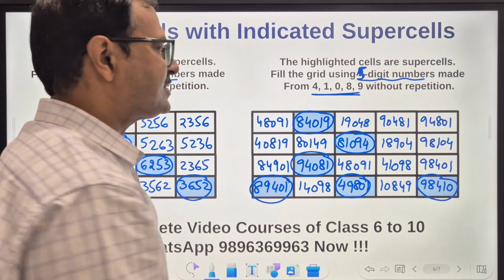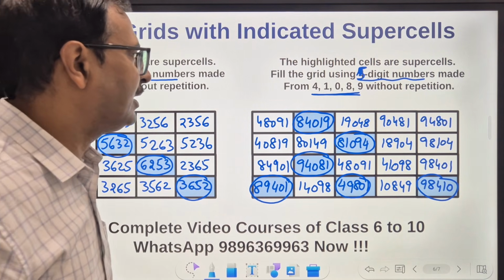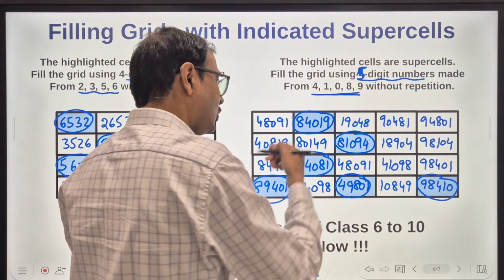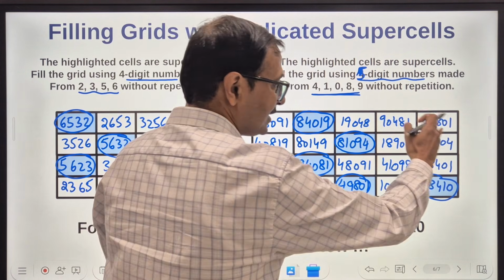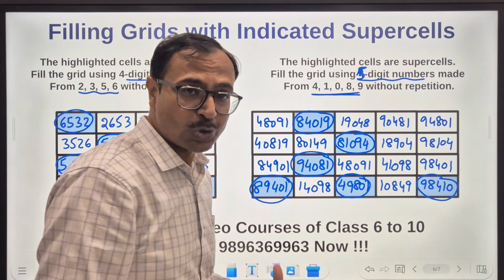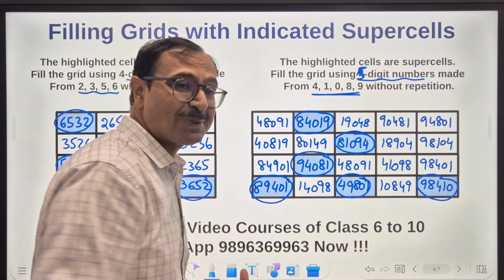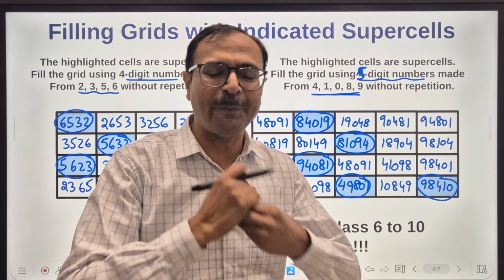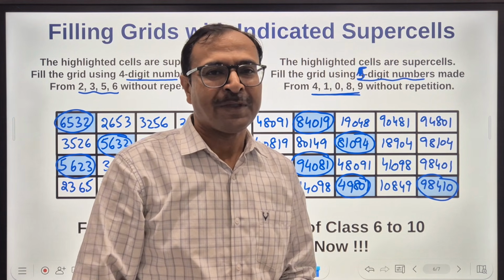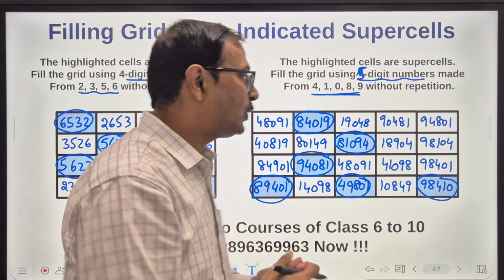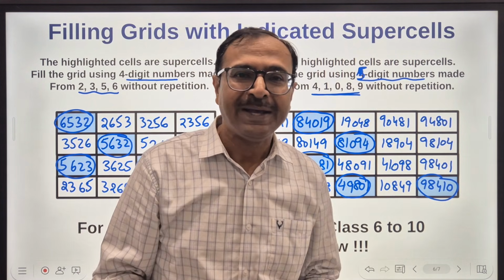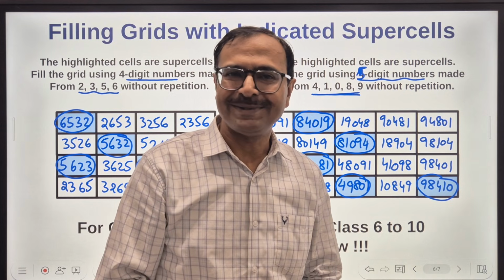And now you can check, does it satisfy the conditions given in the question? 5-digit numbers using these, 0 cannot be in the first place, all the non-highlighted ones are non-supercells, highlighted ones are supercells, the top, bottom, left, right neighbors have to be smaller, so many parameters. And being a teacher also, if you start doing this, you will realize there are so many things to think about, and it's a mind-boggling puzzle.